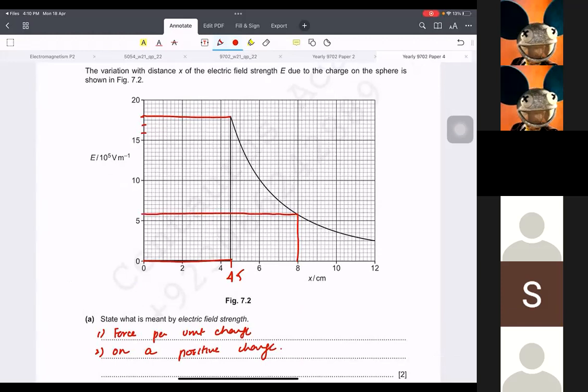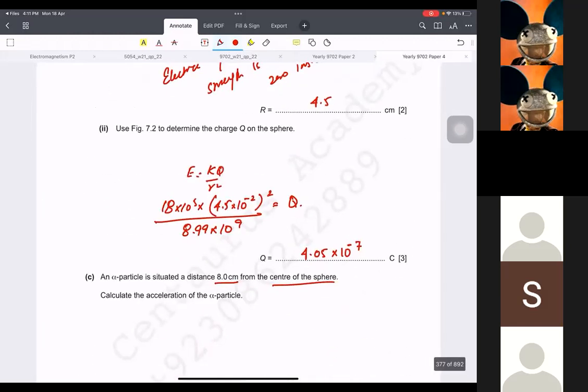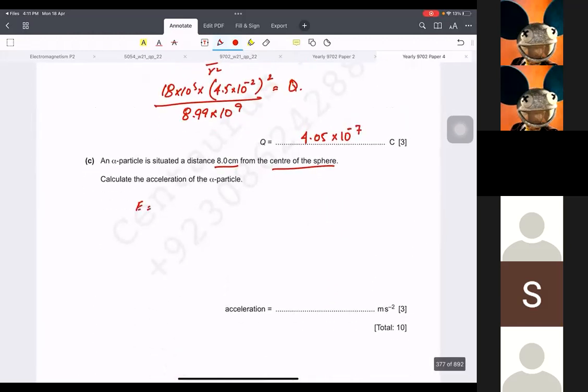It's 5.5 and 6. Can we take 5.75 then? Exact middle. So electric field strength is 5.75 times 10 raised to 5.